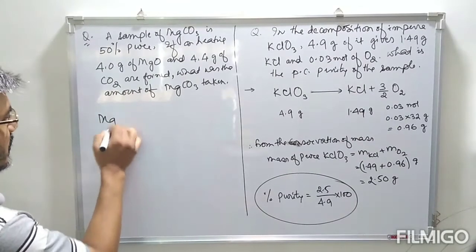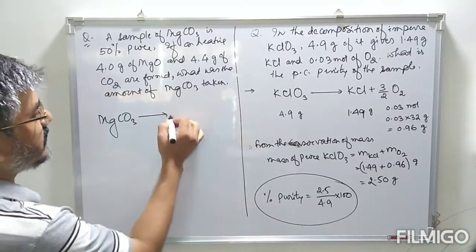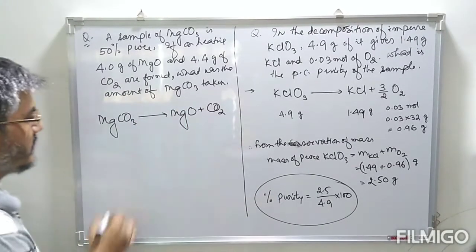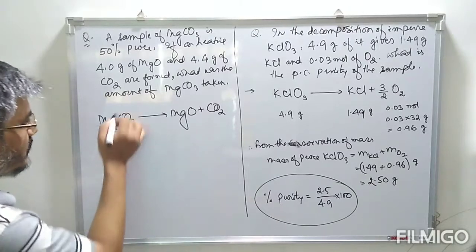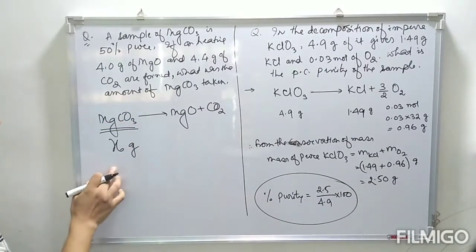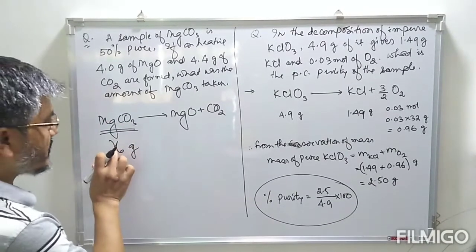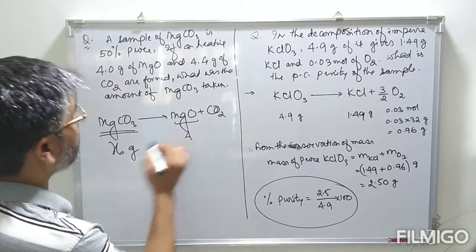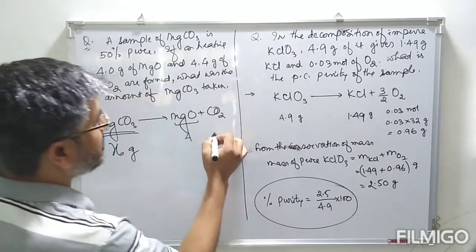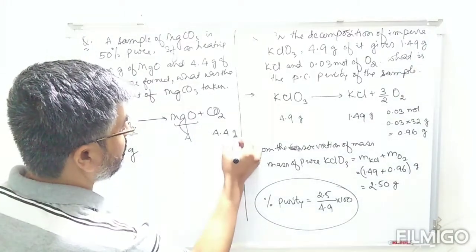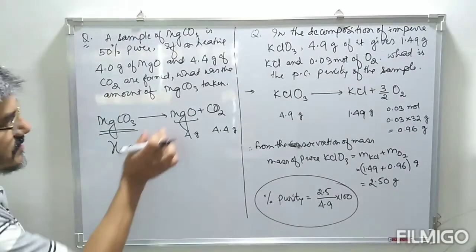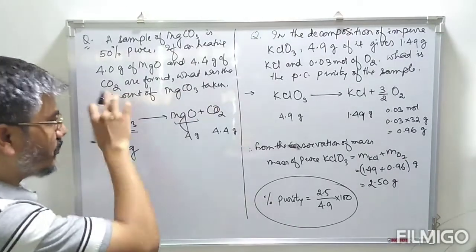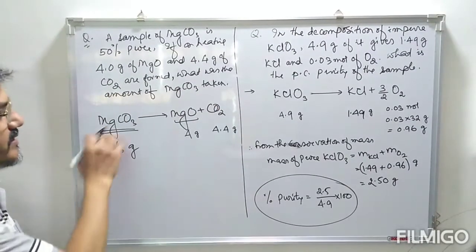Now we have looked at this. Magnesium carbonate on heating gives you magnesium oxide plus carbon dioxide. Let the mass of this impure sample be x gram, we have to define. But this gives you 4 gram of magnesium oxide and carbon dioxide 4.4 gram. But this magnesium oxide and carbon dioxide is exclusively coming from pure magnesium carbonate.